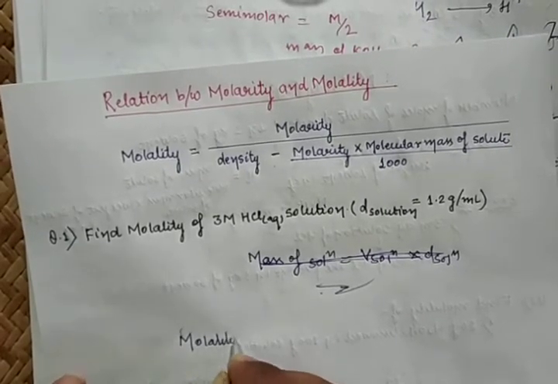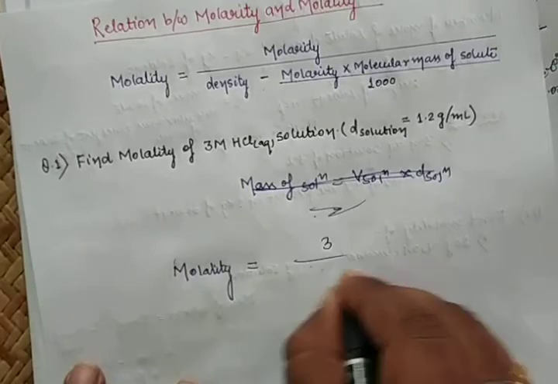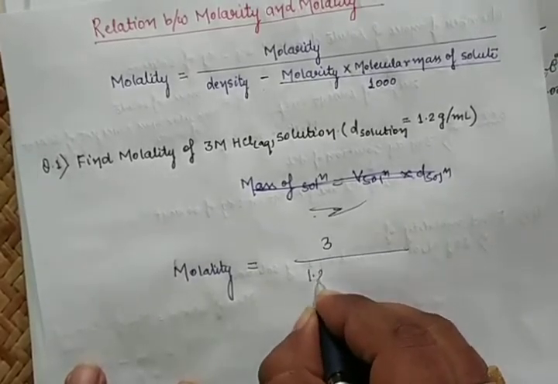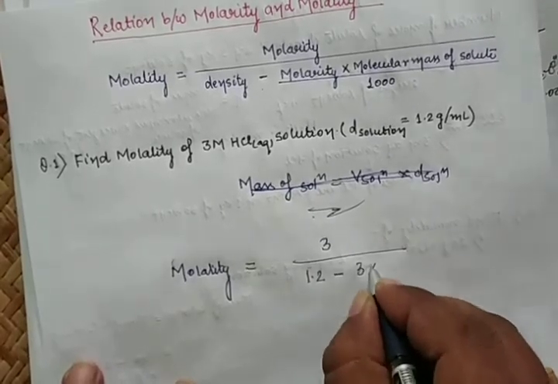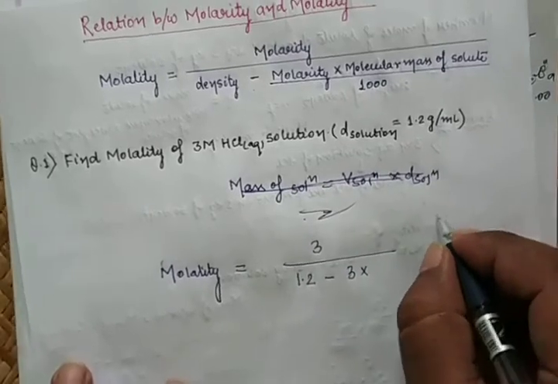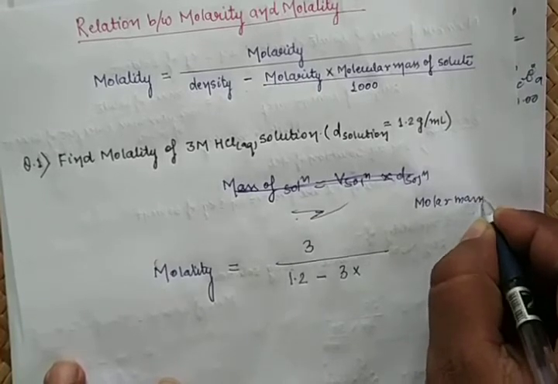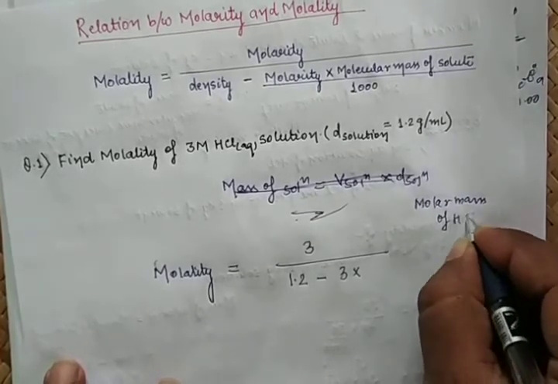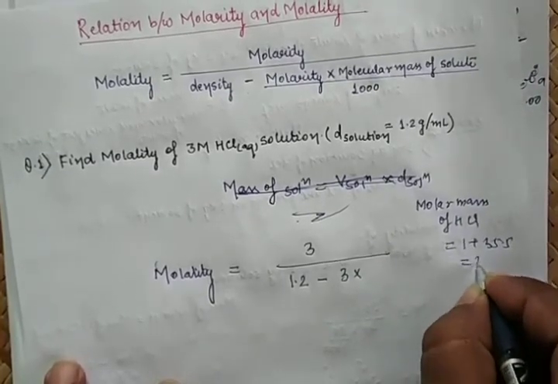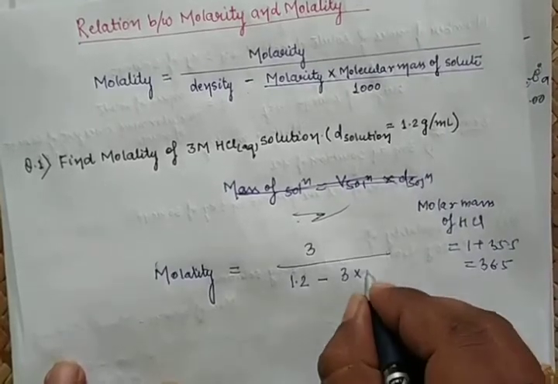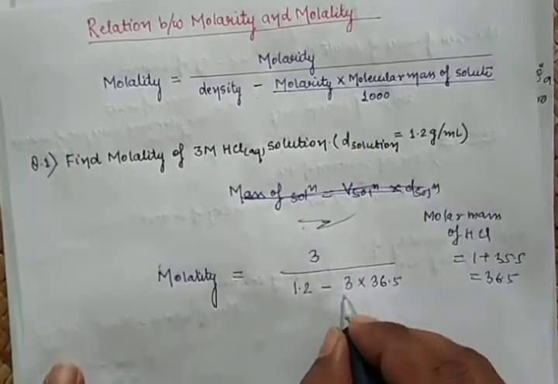Molality is equal to molarity, which is given as 3, upon the density, 1.2, minus molarity again 3, into the molar mass of HCl. Hydrogen is 1 and Cl is 35.5, so it means 36.5. The formula has molecular mass of solute divided by 1000.